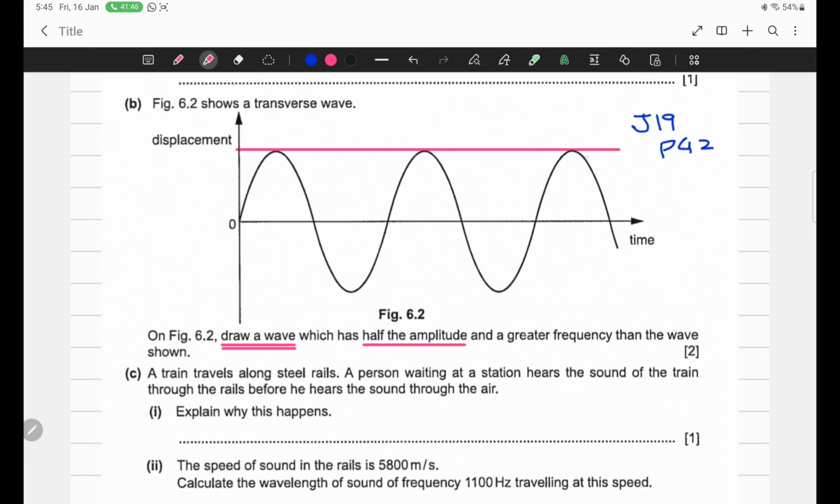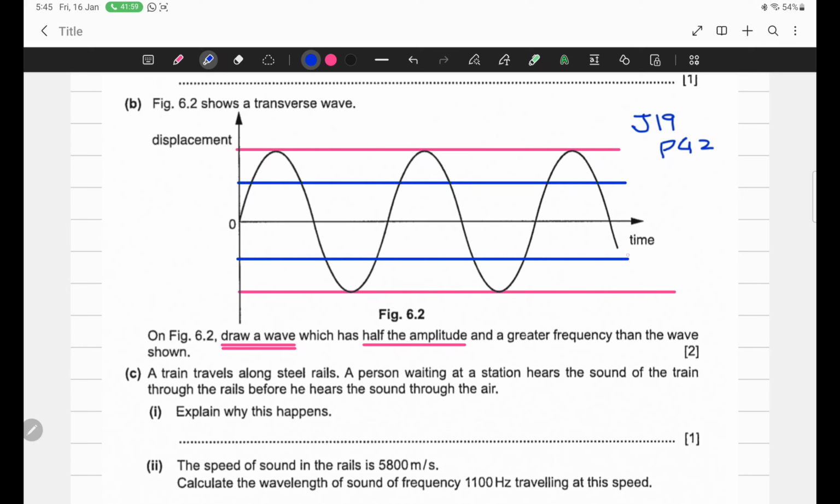This is the original amplitude that you are given, and now I am going to draw another wave with approximately half amplitude, as well as greater frequency.